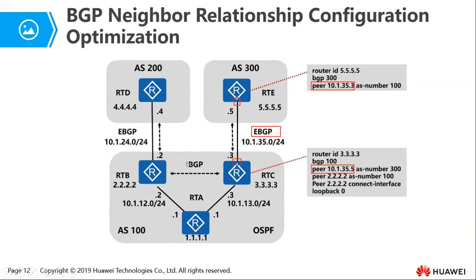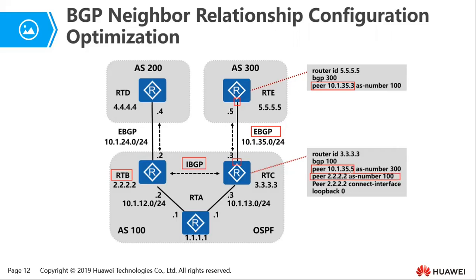Now, on the other hand, it is recommended that when you're establishing IBGP neighbor relationships, you use loopback interfaces. Now let's see. We want to peer to RTB. So the command is this. First we do peer 2.2.2.2 AS number 100.